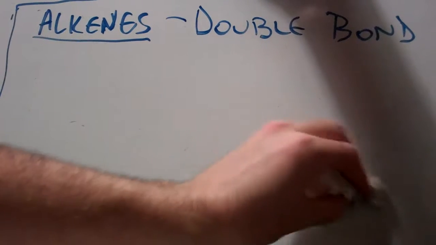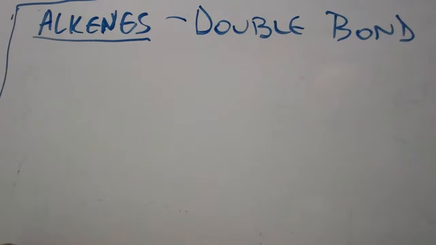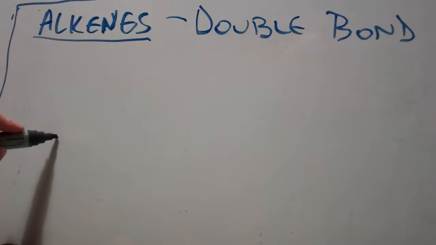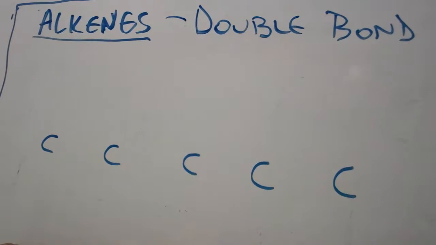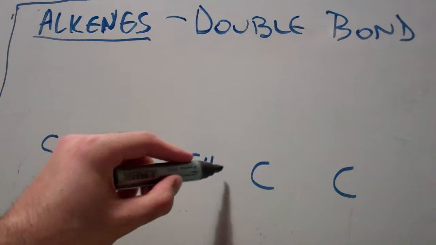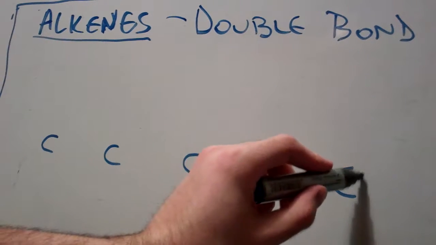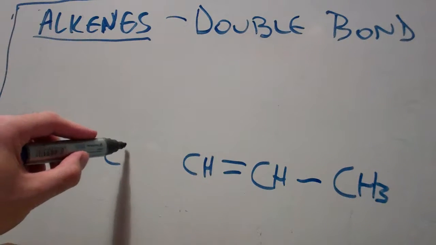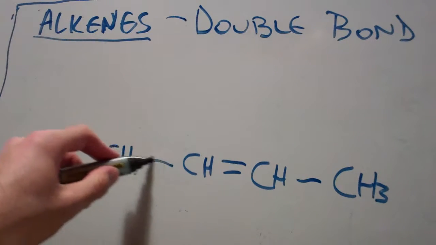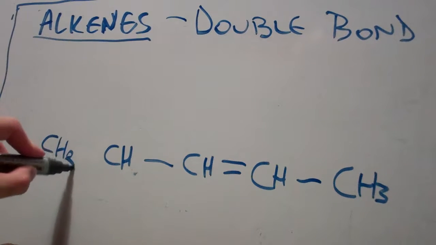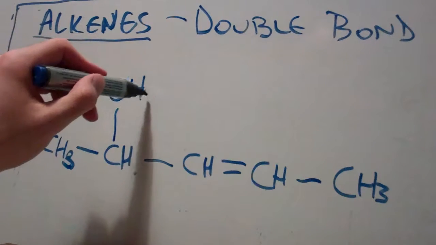All of the same alkyl group rules can apply to the alkenes. Okay, so for example, if we have 5 carbons, and we put our double bond here, chuck a little branch up here.